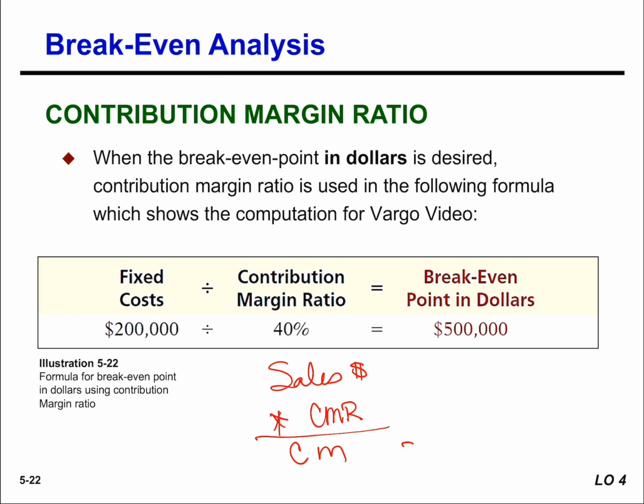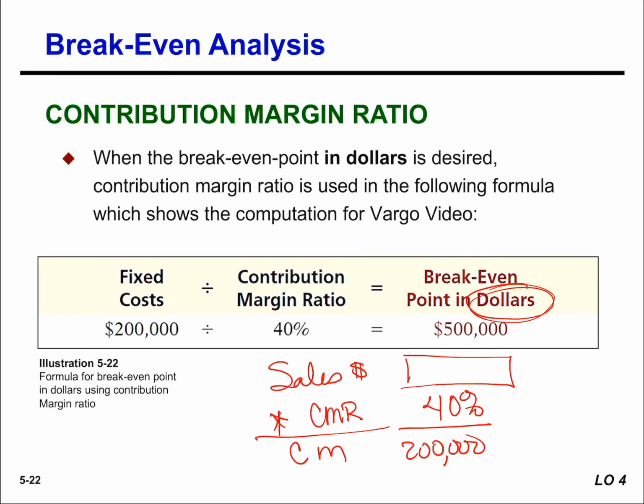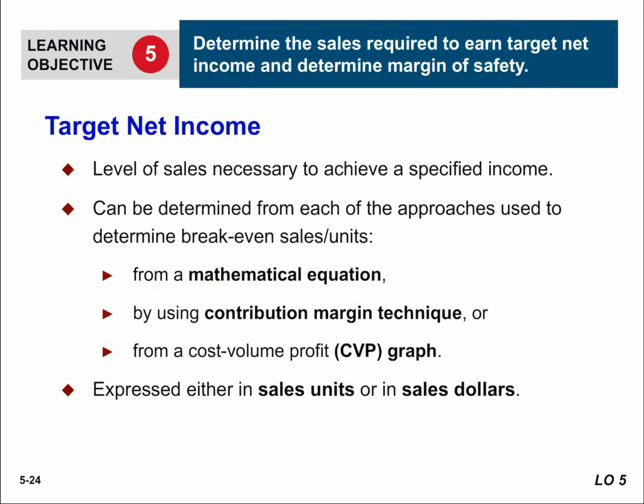So if I know that my contribution margin is 200,000 and that 200,000 in this case is 40% of my sales, if I divide the 200,000 by 40%, that's how I can back into my break-even sales. So that's another way that we can analyze what's going on. Again, the focus here is on figuring out break-even in dollars, whereas in the prior example, we were looking at break-even in units. So a couple of different ways to get us to the same point.